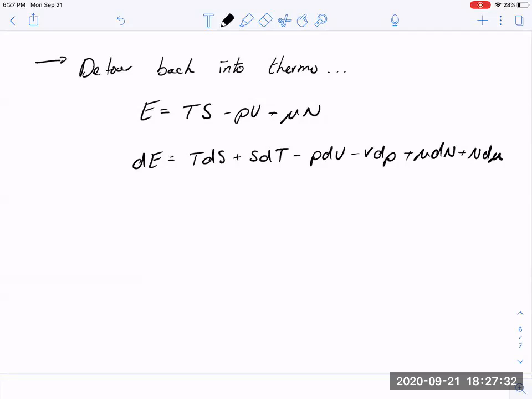Now that does not look like the first law I was raised to believe in. If that first law was correct, which indeed it was, it must be that dE is by itself equal to T dS minus P dV plus mu dN, implying that the remainders S dT minus V dP plus N d mu must themselves sum to 0.